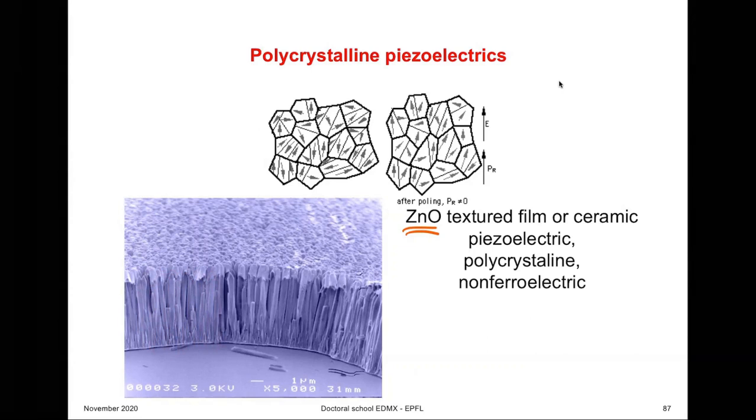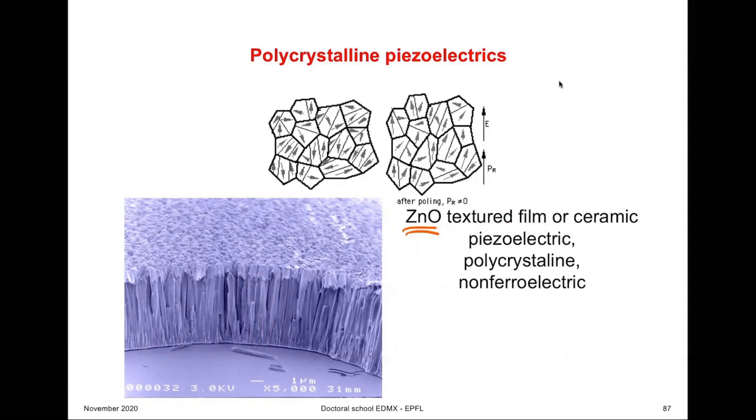So why do we form columnar grains? We form columnar grains because there will be nucleation of crystal growth at certain sites, and therefore they will grow more in that direction than they will grow sidewise. So such a ceramic will in fact be piezoelectric even without poling, because we have a textured ceramic or textured film.